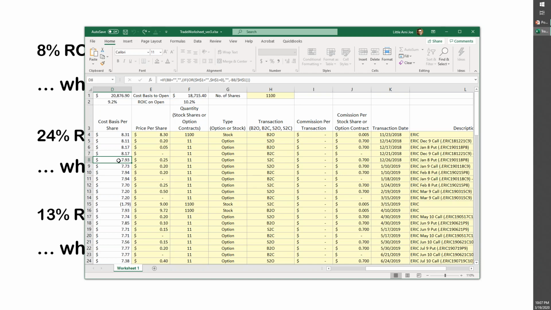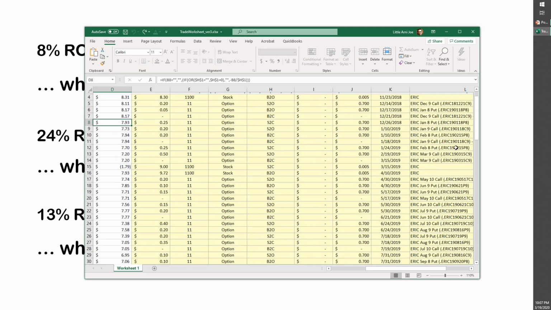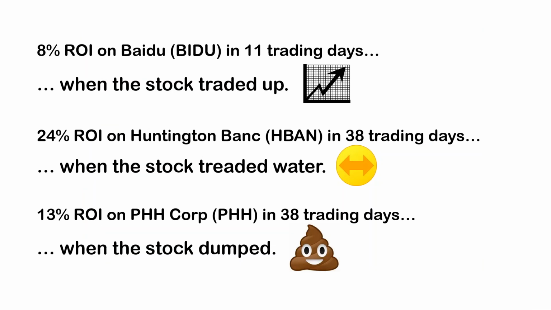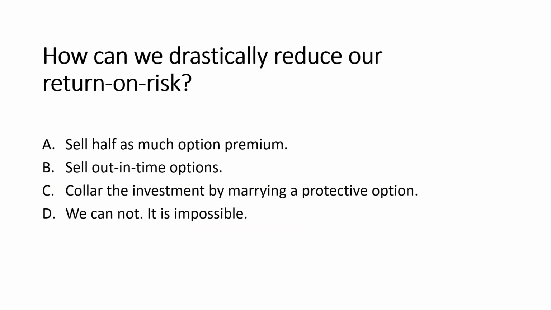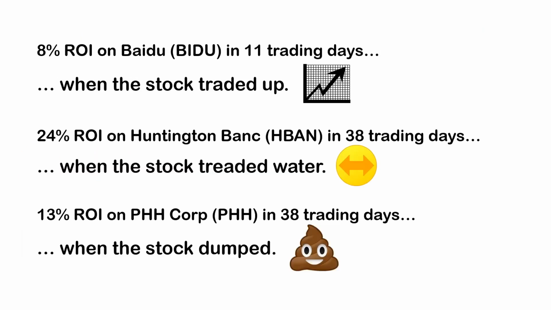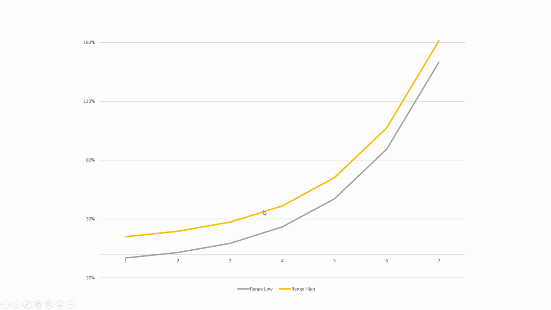In other words, if the trade turns against us just one cycle in, we already have, well, that's what this whole chart is about. Let's see if I can find it. There it is. This is from the Ericsson trade.